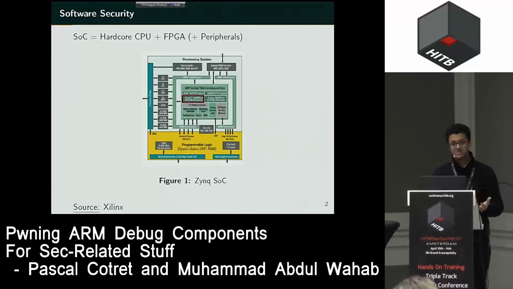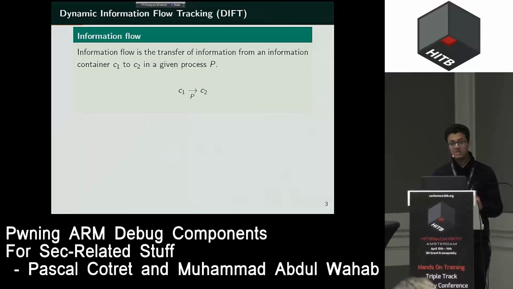How are we going to prevent software security attacks? By implementing dynamic information flow tracking. So what is an information flow to start with? An information flow is a transfer of information between 2 information containers. Depending on which level you are looking at, at the low level, information containers can be registers and memory addresses.